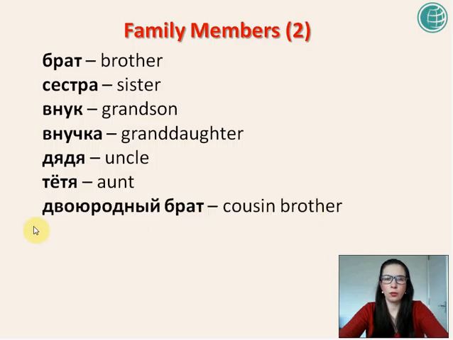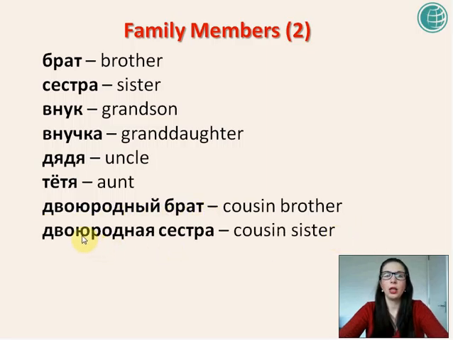Now a difficult word. Двоюродный брат. Cousin brother. Двоюродная сестра. Cousin sister. These two words have different endings just because of the different genders of these two words. Двоюродный брат. Двоюродная сестра.